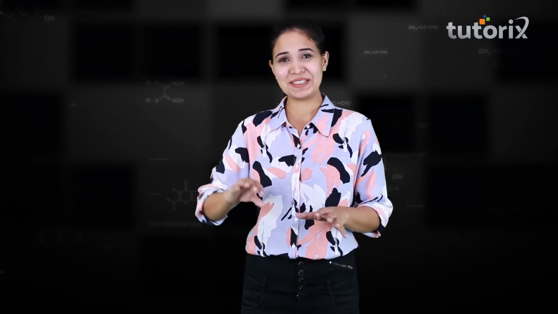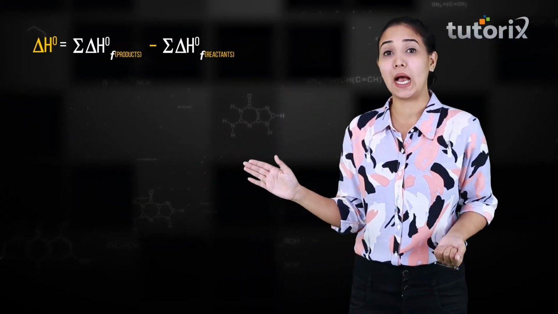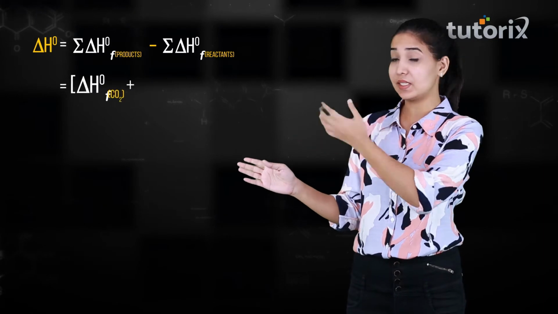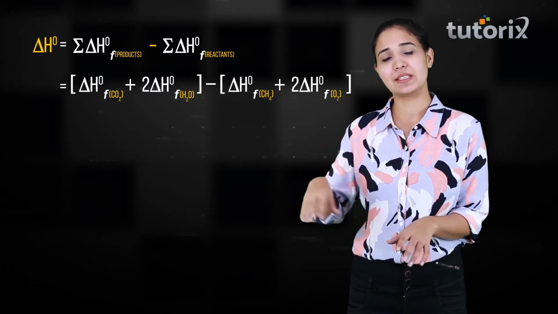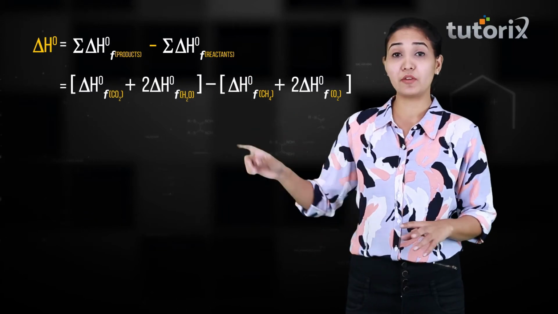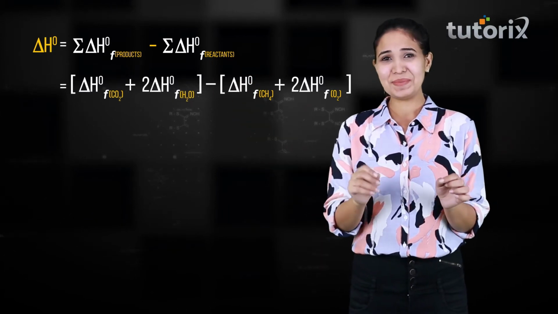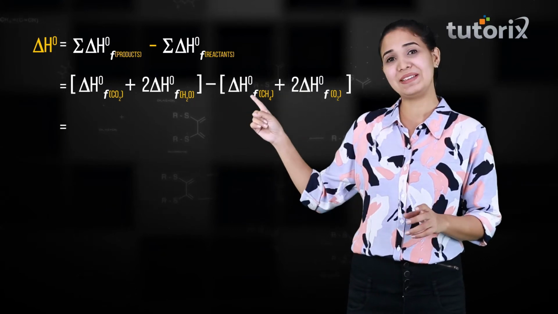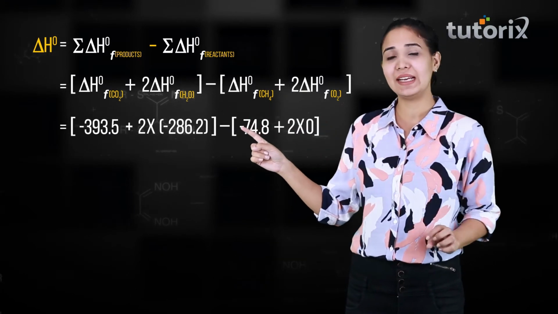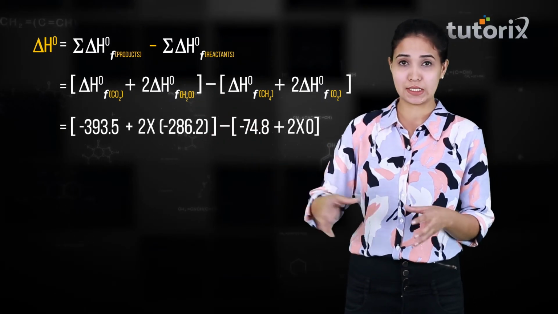We have to simply substitute that in the formula. The formula says the summation of product values. So we have carbon dioxide, and we have 2 moles of water. The value is given for 1 mole of water, so we have to multiply it by 2 and finally write the value for the product side.